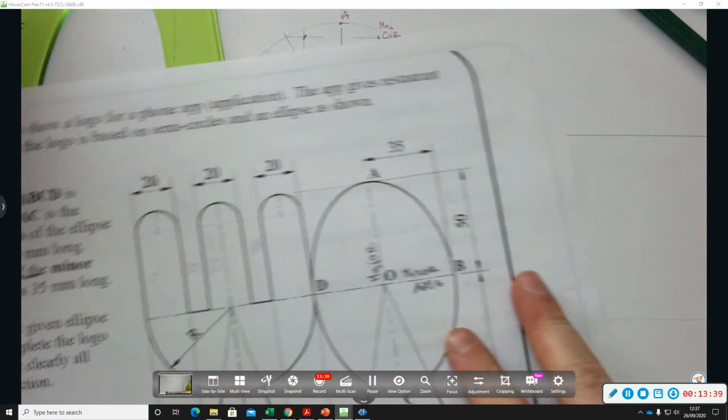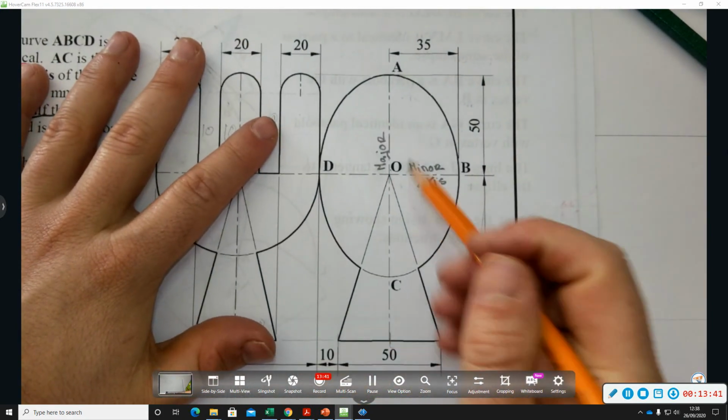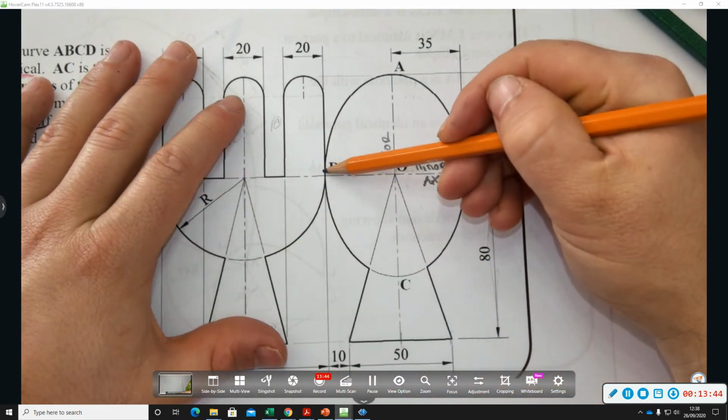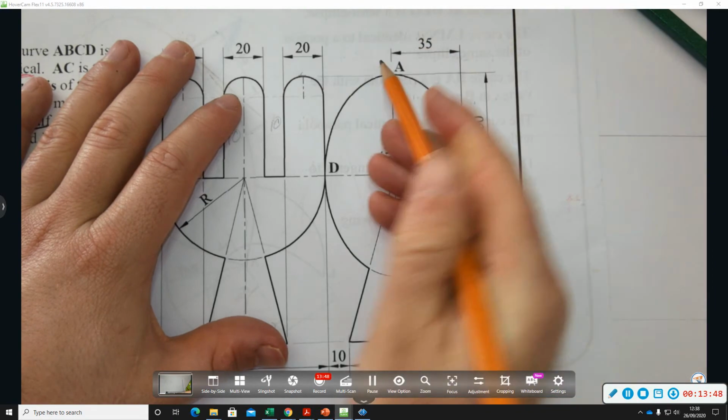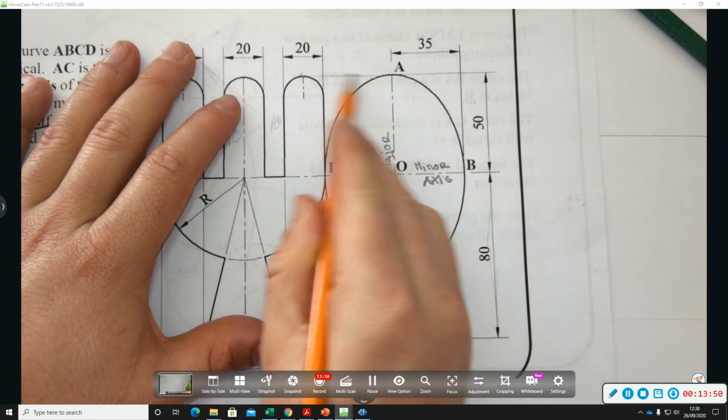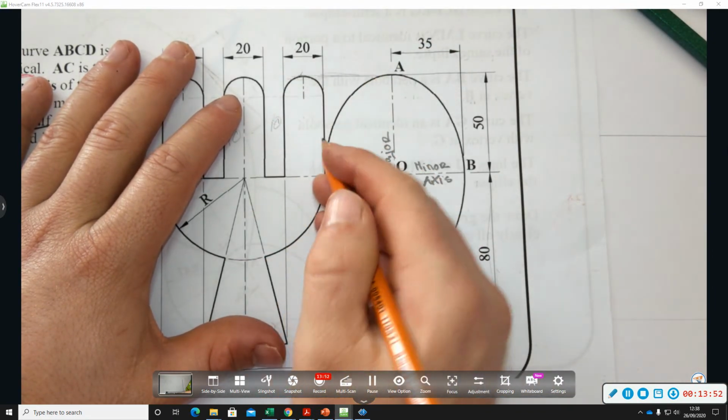And we can focus on these here. Now, it doesn't tell us the height of that. The top of it is level with A, point A.